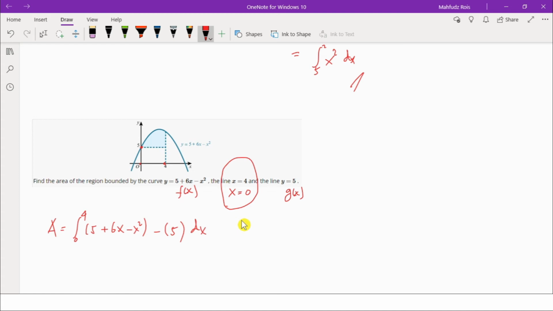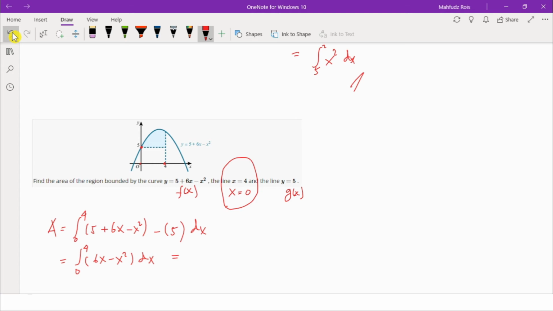Okay, so if we simplify, 5 minus 5 will be 0, right? So it remains only 6x minus x squared dx.